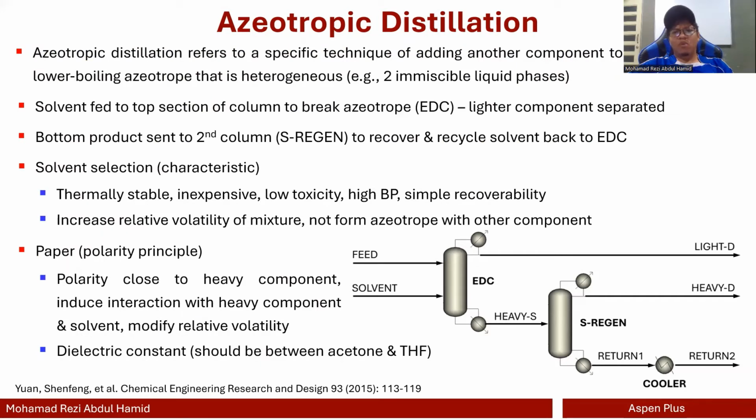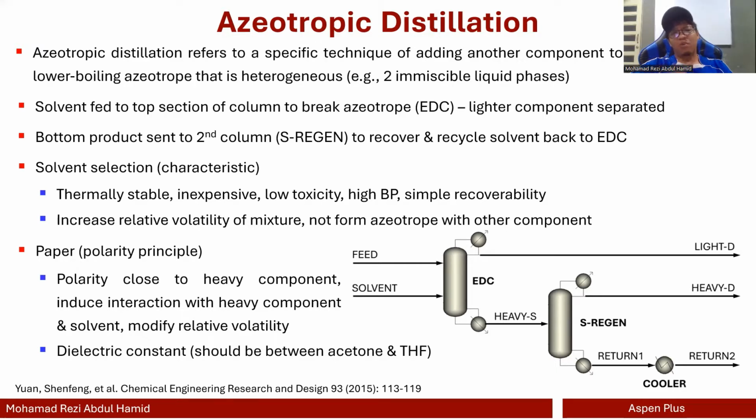All right, before we go into our simulation, I think it would be a good idea for us to get background information on azeotropic distillation, or in this case, extractive distillation. Just by a simple Google search, you can get the information about azeotropic distillation.